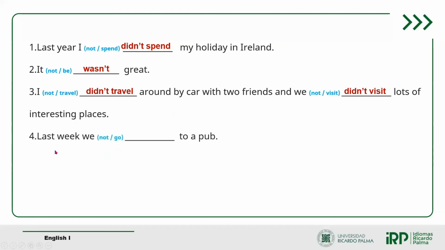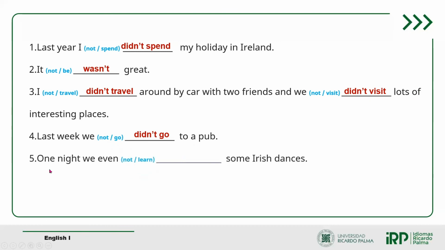Number 4, last week we didn't go to a pub. Last week we didn't go to a pub. Number 5, one night we even, negative form, didn't learn some Irish dances.